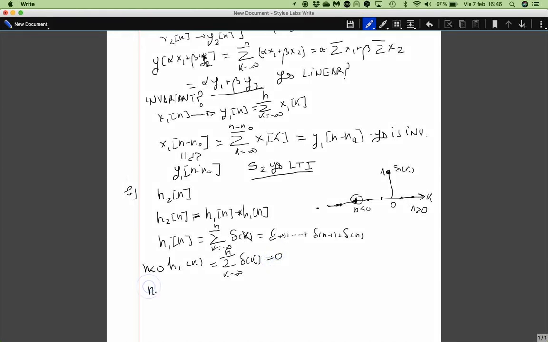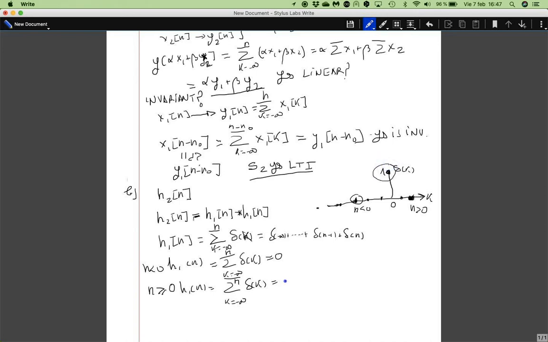And what happens if n is more than or equal to 0? Then in this case, h1[n] will be the summatory from k minus infinity to n, the same n, of delta[k]. But in this case, we are at a point which is positive. So the summatory of all the values of delta[k] from minus infinity up to the n that I am calculating is always adding 1.